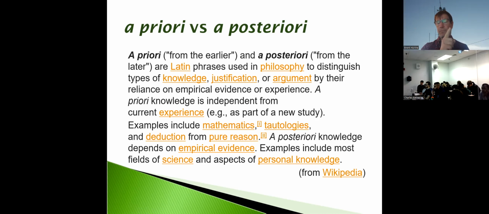So if we know that the message probability a priori is uniform, if we know that beforehand, without having to look at the evidence, then we can choose that maximum likelihood receiver. Conversely, a posteriori knowledge depends upon our empirical evidence. So we need to observe the outcomes or the effects to determine the cause.